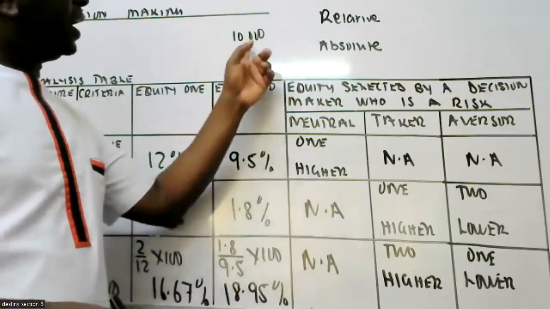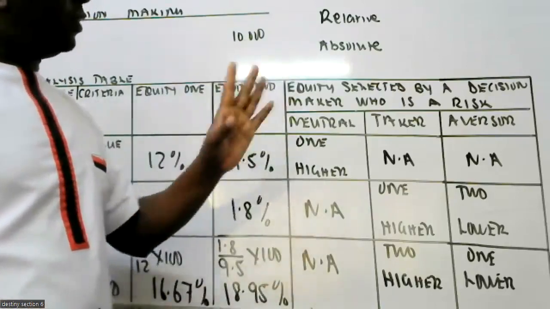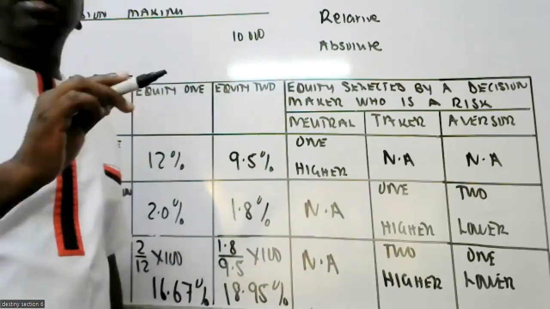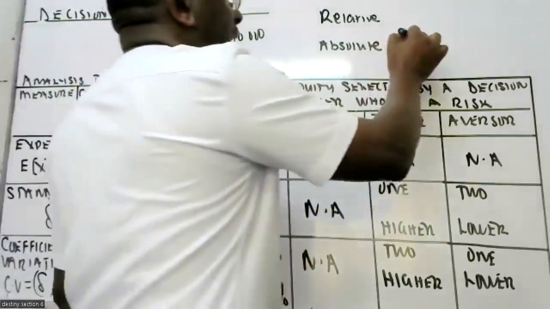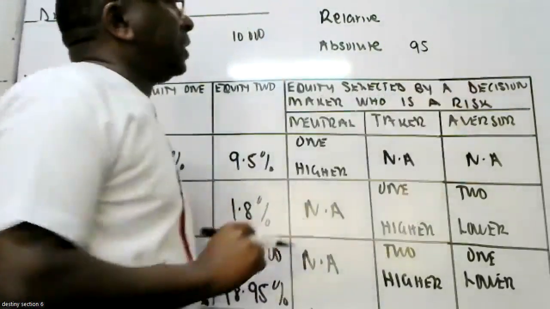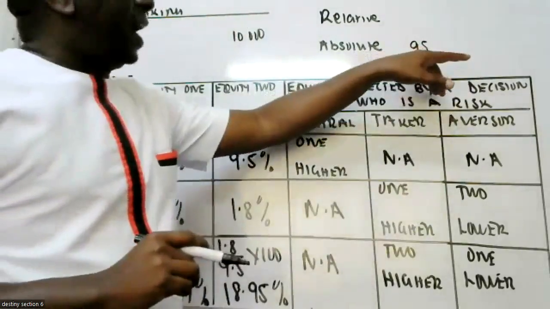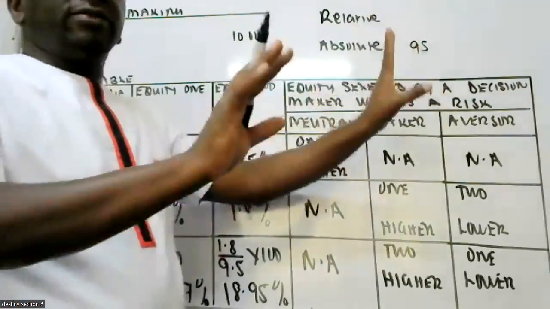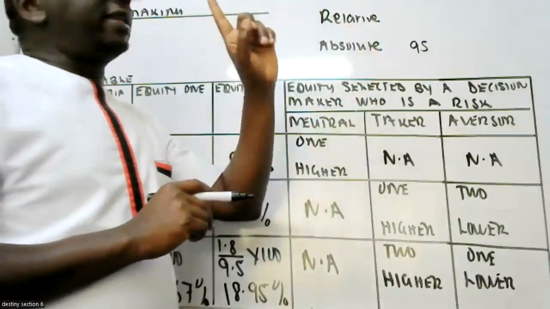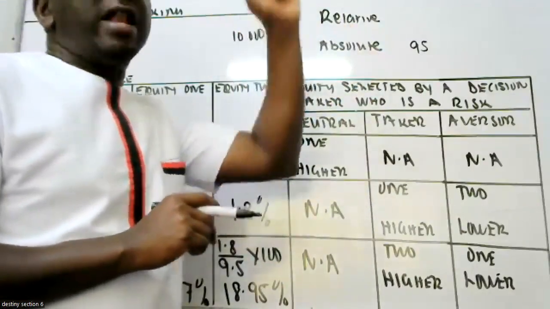So if the measure is absolute, we will say the teacher has gotten 95%, and because this one is higher, give them the money. But relative will say no. Even if they have gotten 95, they are a teacher.